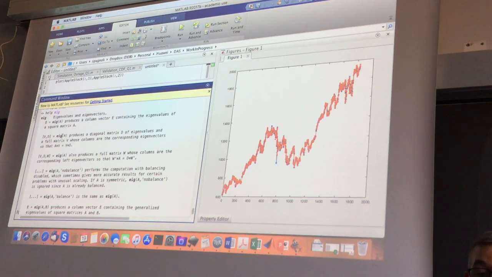So if I write A is eig, V comma D, it means in the V matrix, okay, the diagonal entry is D. So in D there are the eigenvalues organized in diagonal form, and in V there are the eigenvectors. Okay. Now it tells you the syntax. The syntax is the following: A multiplied by V is equal to V multiplied by D.